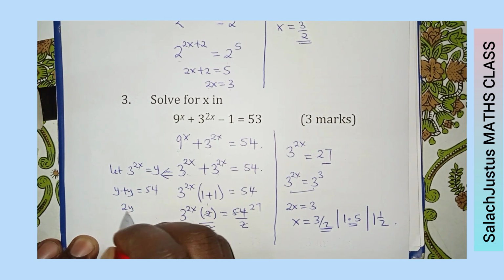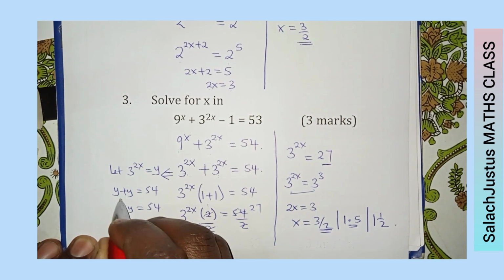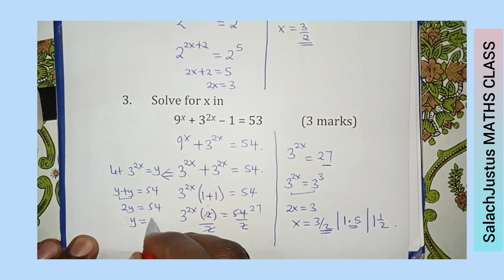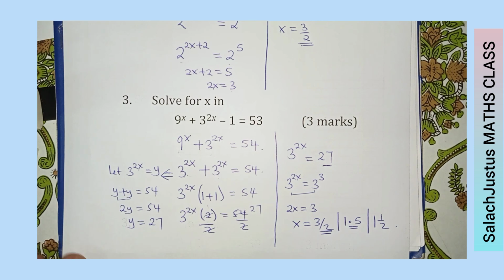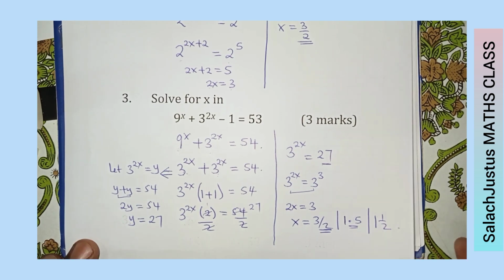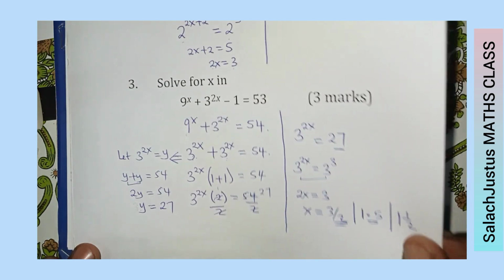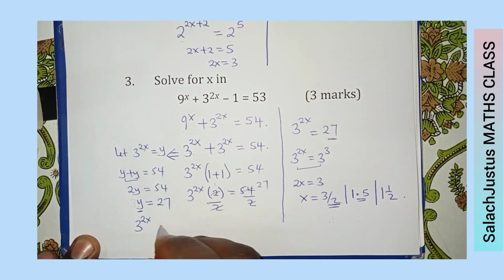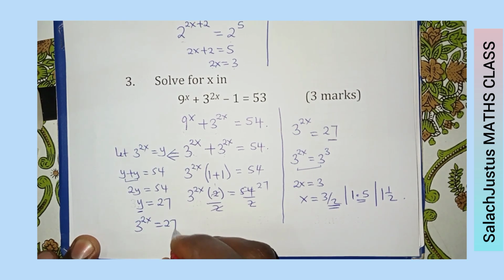That takes us to 2y equal to 54, because these two are like terms, and then one single y is 27. We have to bring back, because y was 3 to the power of 2x, now equal to 27.